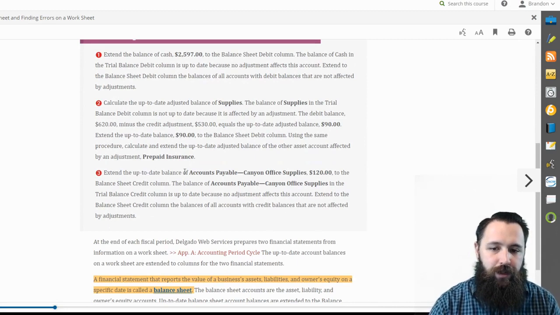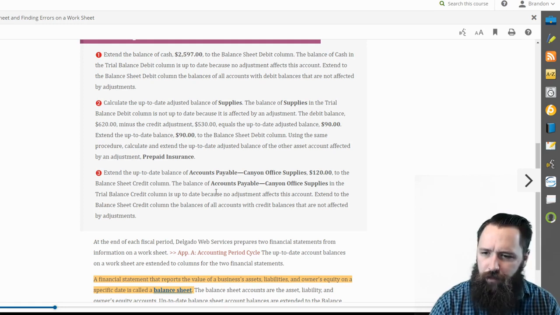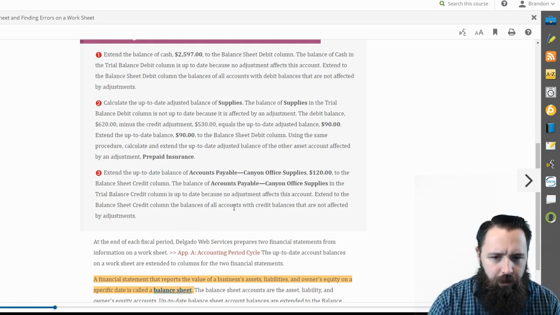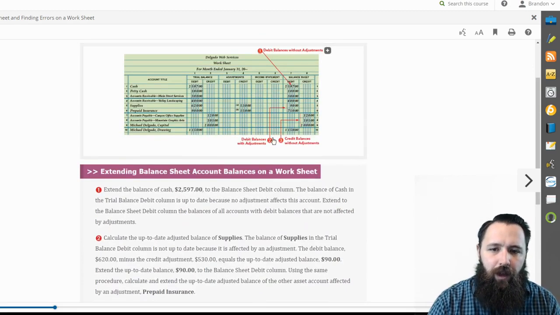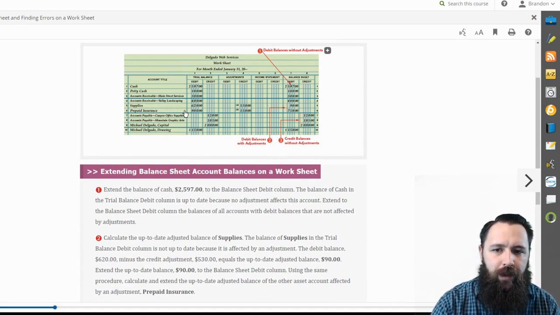And then the last one, it says extend up-to-date balance of accounts payable to the balance sheet. In the trial balance, it just pretty much says extend everything else, right? So here, you can see that after prepaid insurance, we are done with the assets. Okay, so we transferred those over.